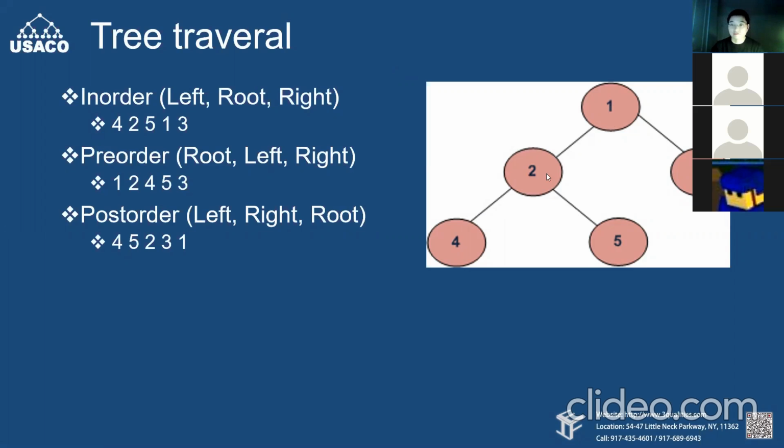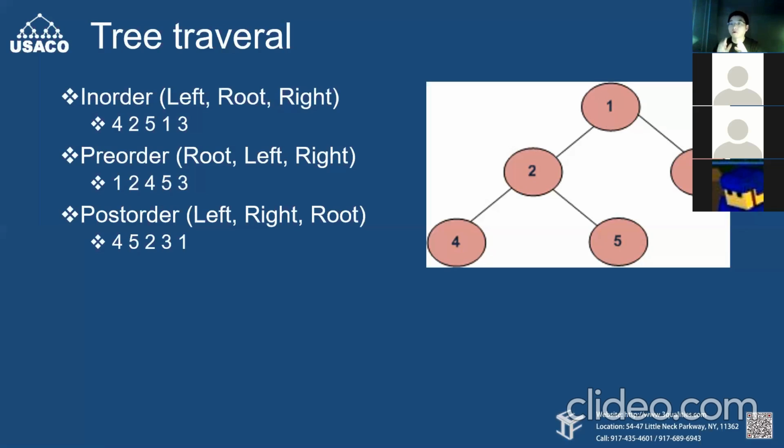It has left node 2, right node 3, and the left node 2 also has its left node 4 and right node 5. Suppose I'm trying to in-order traverse the whole tree when I give you the root node 1. It will traverse the left subtree first, and then itself, and then the right subtree.